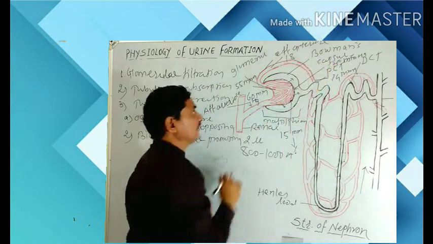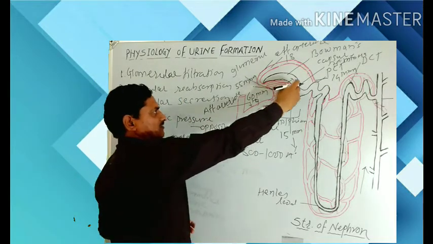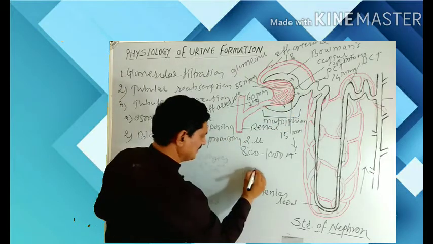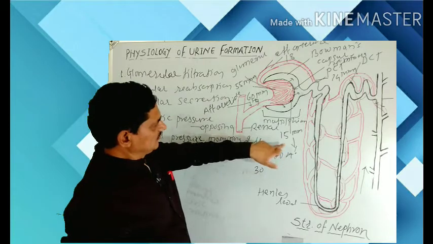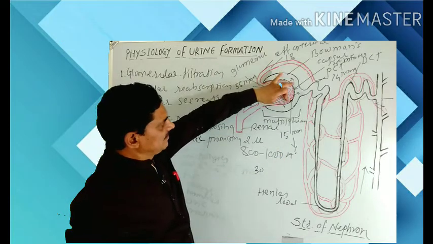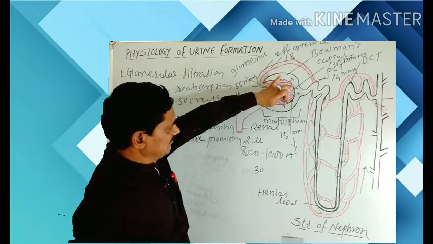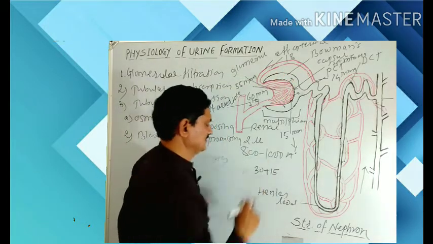So, the pressure outside the blood capillaries is 30 mmHg, and the osmotic blood pressure exerted by the colloidal substances in the blood capillaries is 15 mmHg.